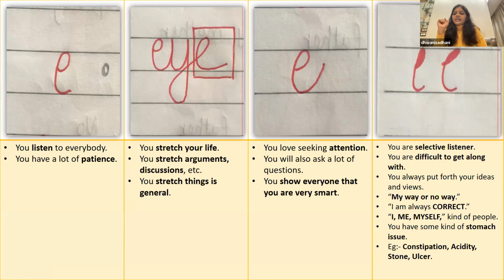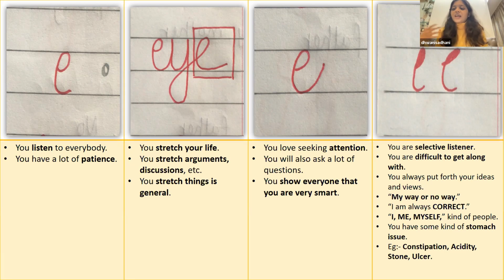Now, we're not in the first E, we're doing the second E. So the second one, which I'm going to teach you all, will only be when E is the last letter of a word. If people stretch the last E, this is known as the stretched E. And if you're stretching your E, it would also mean that you would stretch all your fights, all your arguments, all your discussions, all your debates.